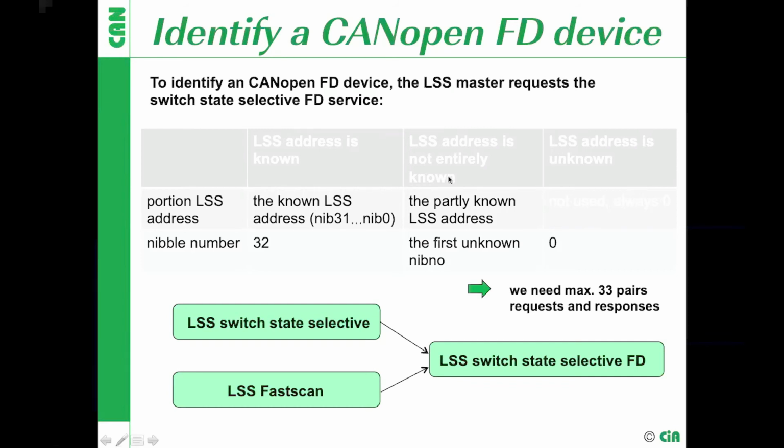If the LS address is not entirely known, we set the portion address to the partly known LS address and set the neighbor number to the first unknown neighbor number. If the LS address is unknown, the data field portion address will not be used and is set to 0, and the neighbor number is also set to 0.